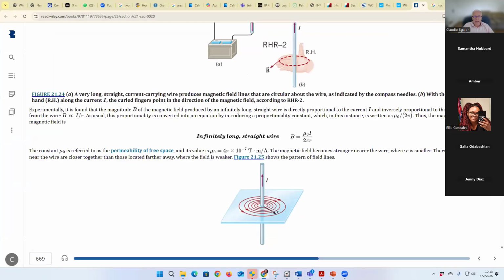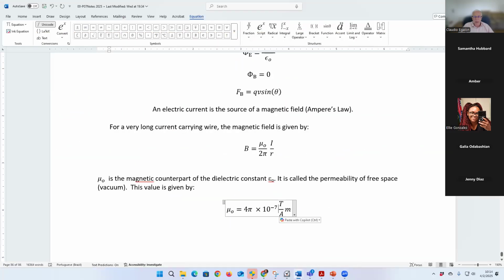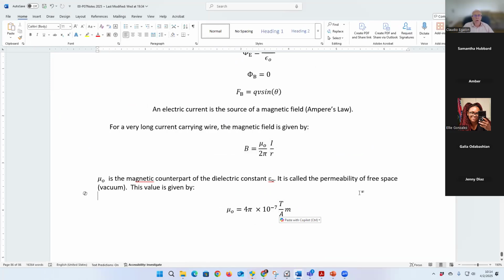Going back to here you go, Tesla meter per ampere, free space. Okay. That's what's new for now, a new constant.